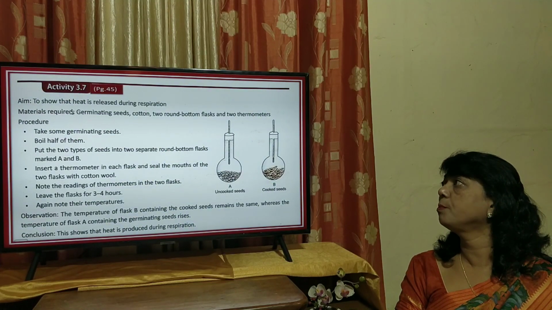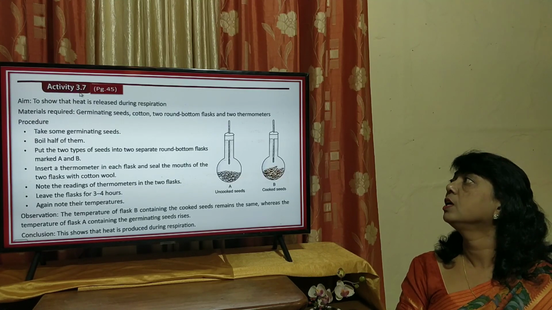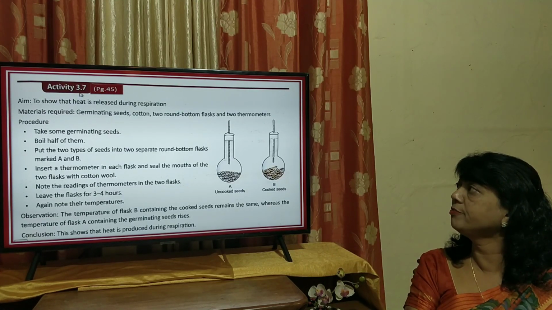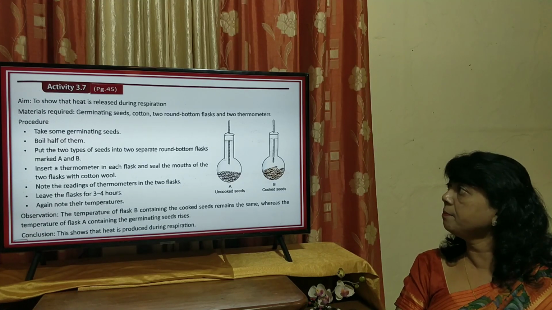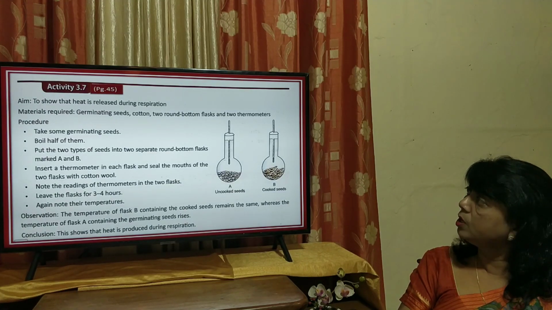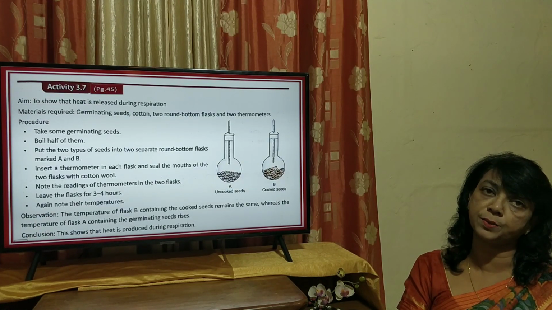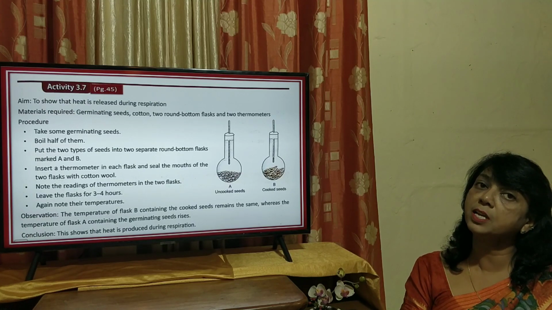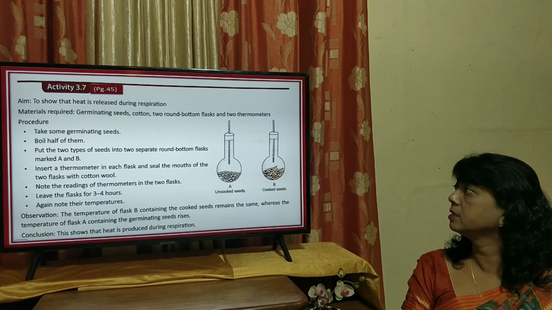Now we will be performing activity 3.7, which is given on page number 45 of your book. The aim is to show that heat is released during respiration. Now we'll see what materials are required for this experiment.